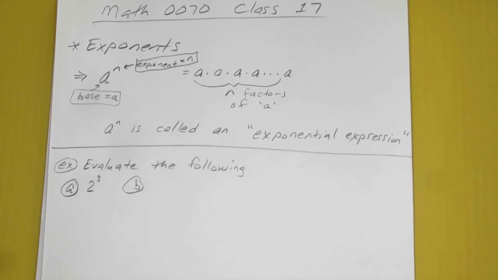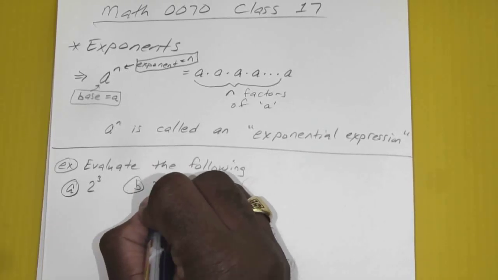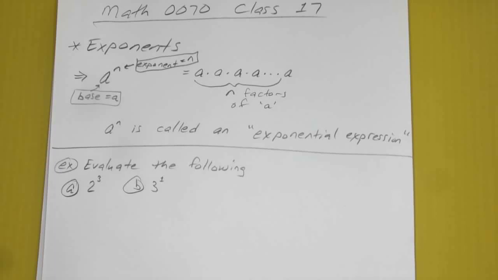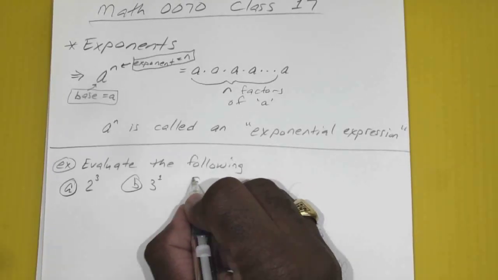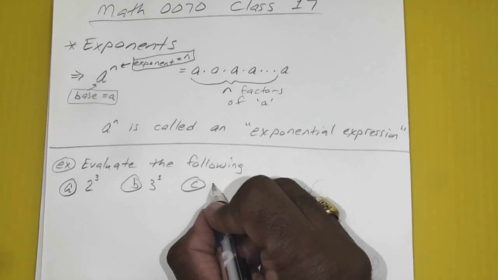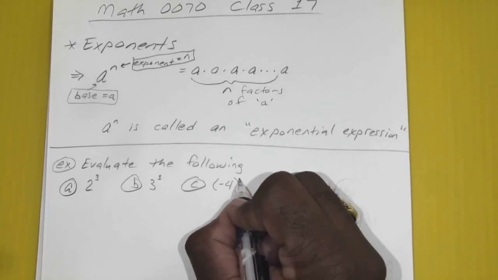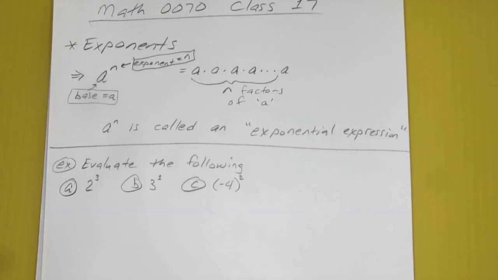Problem B, you have 3 to the first power. For problem C, you have -4 to the second power.